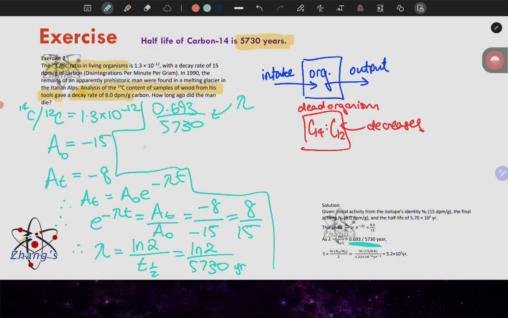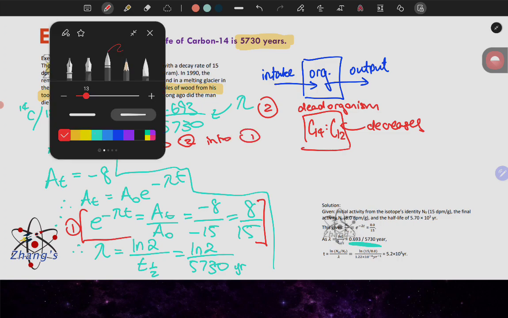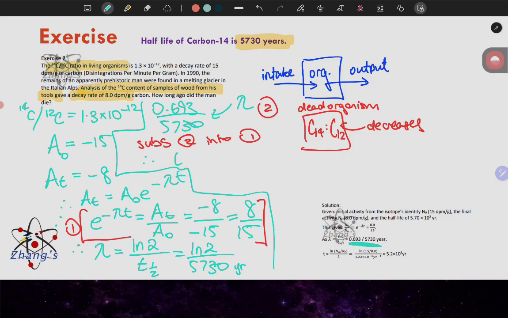I know that e to the power of negative lambda t, this thing here, I figured that out earlier, so I can substitute it in. Subbing 2 into 1, I get t is equal to ln 8 on 15, but the negative sign shifted over, so I get ln 15 on 8, divided by this number here, which is 0.693 on 5730, and that should give me my time.